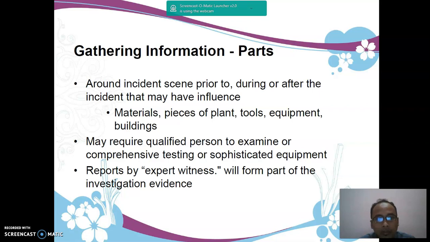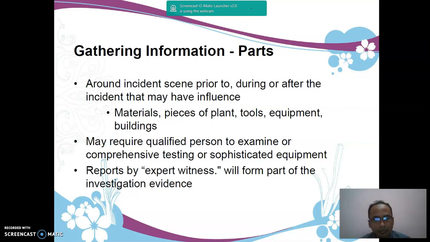sometimes it may require a qualified person to examine, compare, or do comprehensive testing using sophisticated equipment to get the facts to relate the parts with the incidents.